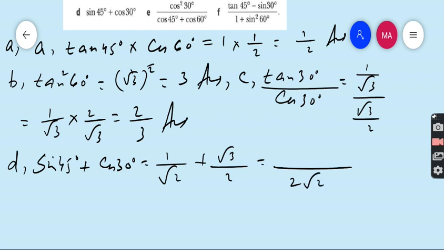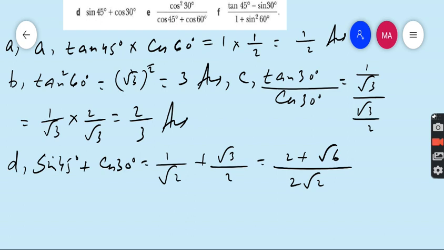Take the LCM 2 root 2. So it will be 2 plus root 2 upon 2 root 2 into root 3. Root 2 cancels. Yes, root 2 into root 3 is root 6.